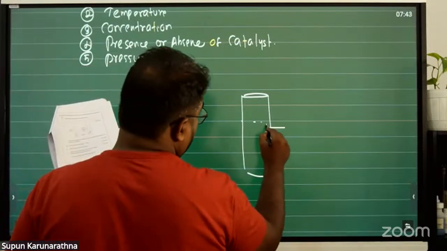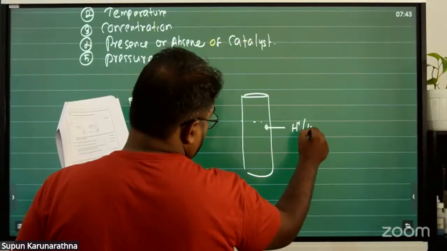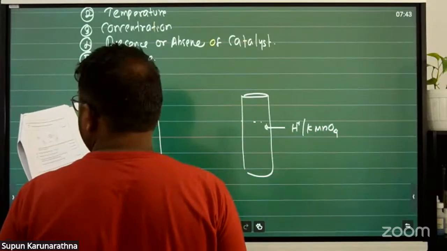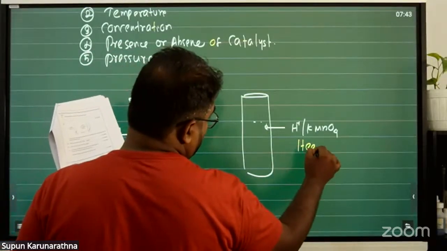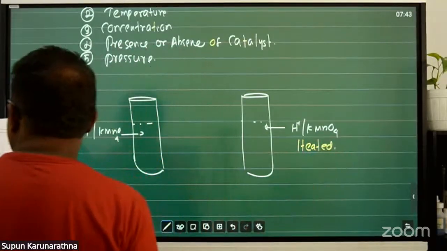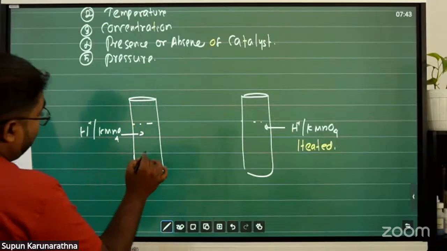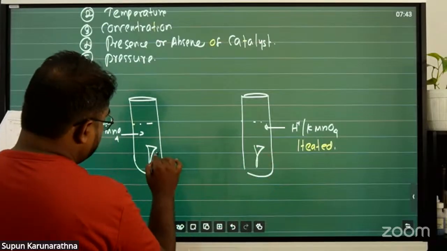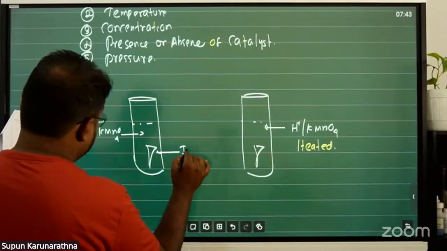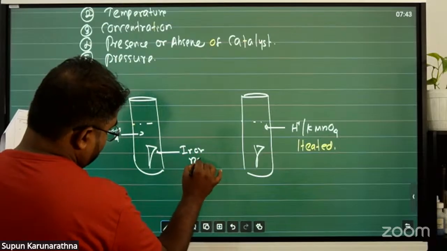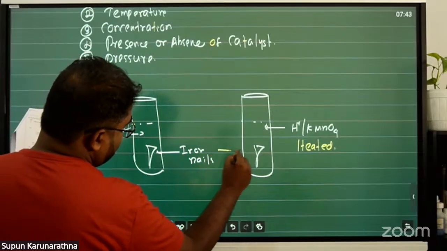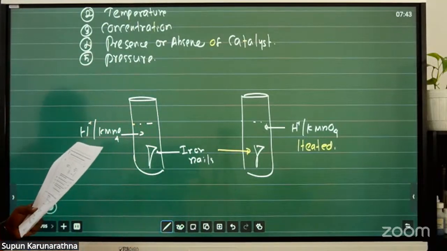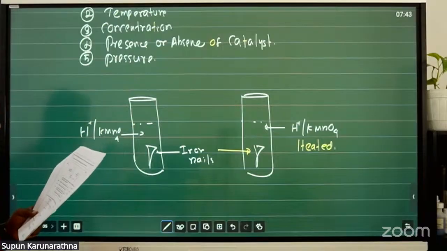But here we have heated acidified KMnO4, and here normal acidified KMnO4. Both of the two have iron nails. Above given is the apparatus to test the effect of certain factors on reaction speed.